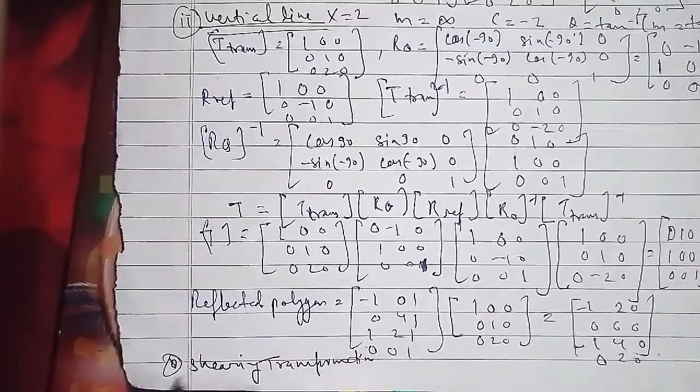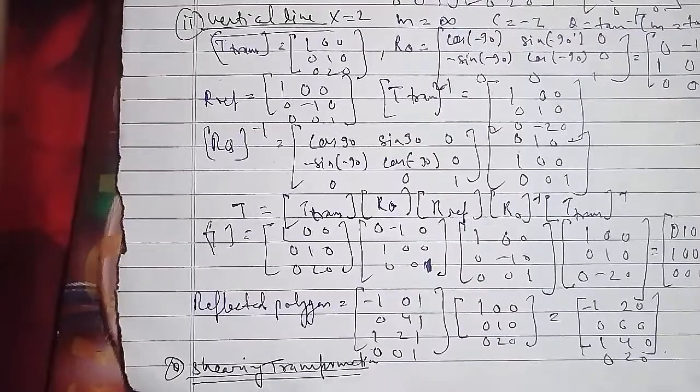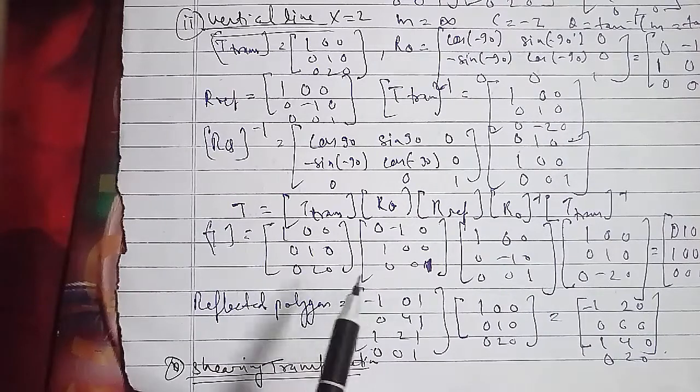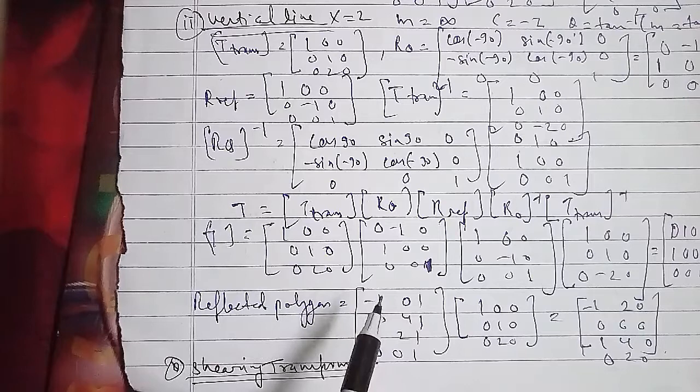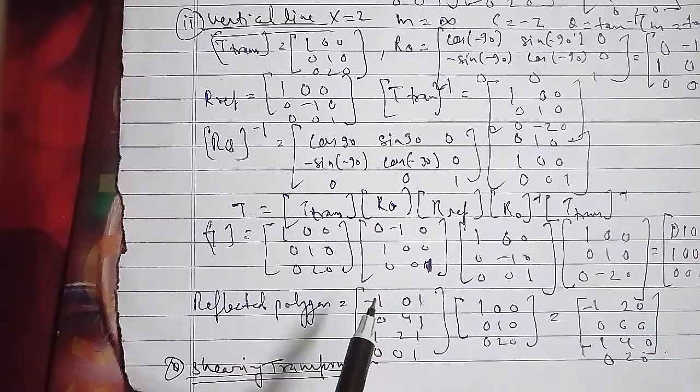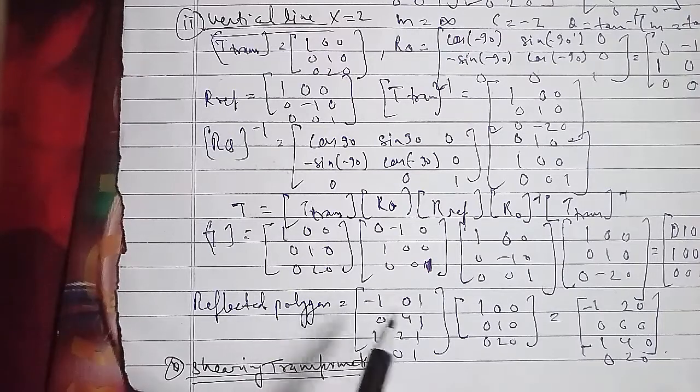The first we have is shear along x-axis. In this, the x direction shear relative to an x-axis is produced with the transformation matrix, and we will get the matrix along the x-axis transformation as well.